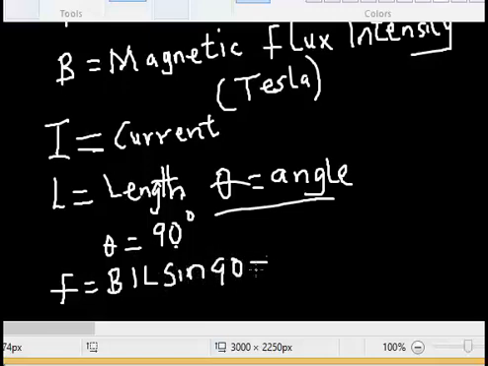When you evaluate, sine 90 is equal to 1, and the highest sine is actually sine 90. So the maximum sine is sine 90. That means the maximum force will be experienced when the angle between the electric current and the magnetic field is perpendicular. So at that point the force experienced by the conductor is just going to be BIL times 1, since sine 90 is 1. So 1 times BIL is still going to be BIL. I hope that's well understood.